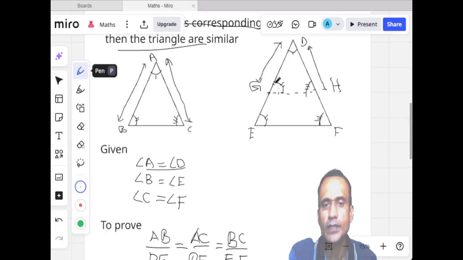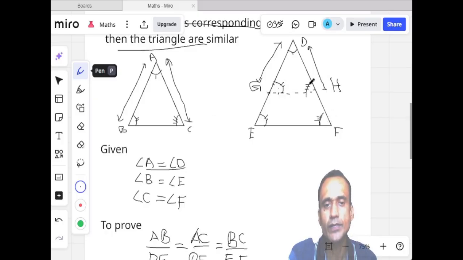Now if we see triangle DGH and triangle DEF, this angle is equal to this angle. I mean G is equal to B and B is equal to E. That means these two angles are also equal. Similarly, angle C is equal to angle H and C is equal to F, which is already given.